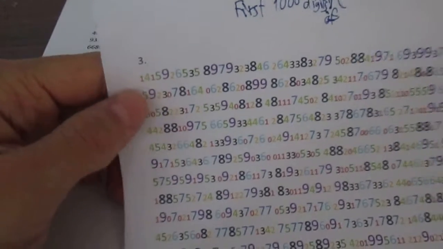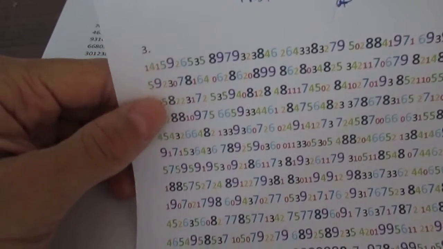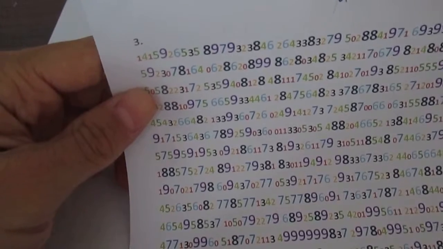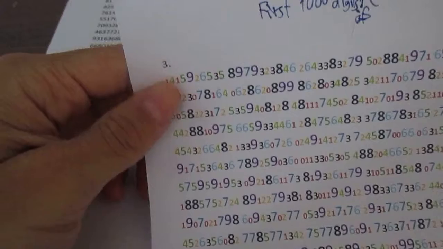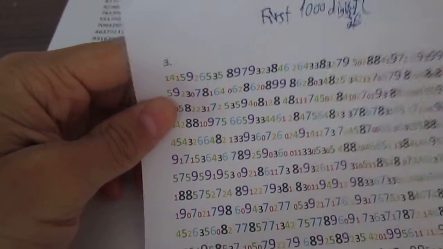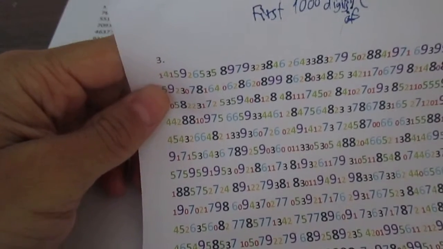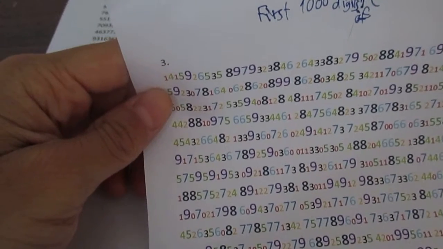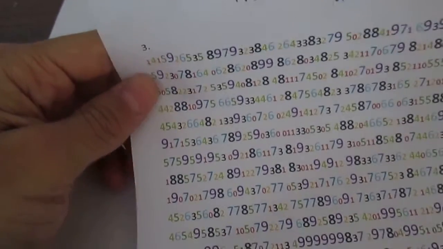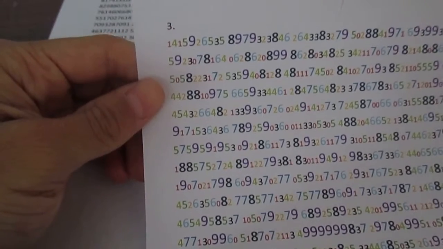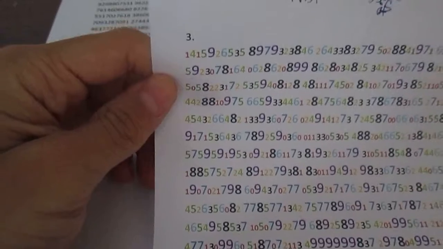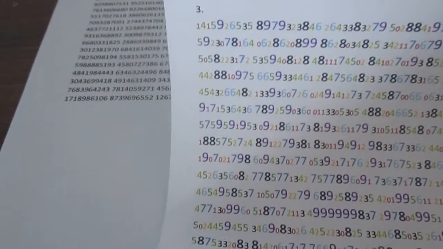Or you could take the first 2 digits as 1, 4 or 14, and the second pair is the next one, so 15. But of course, you need to keep in mind that you have to memorize it as 1, 4, 1, 5, and not 14, 15, because the rule says that you need to memorize each digit and not like 400, 141 or 4,415.